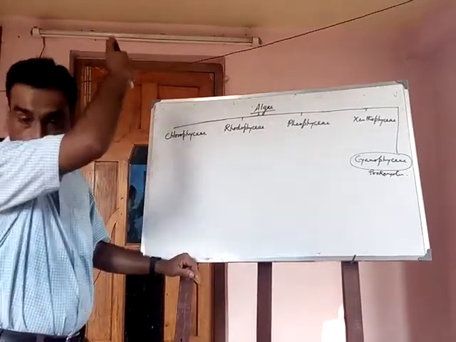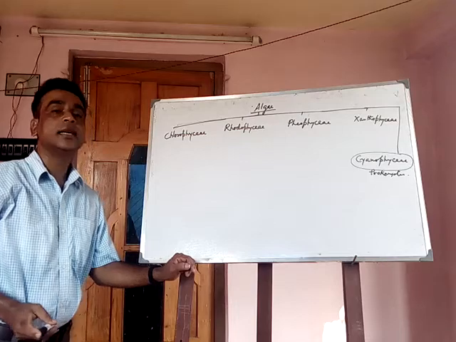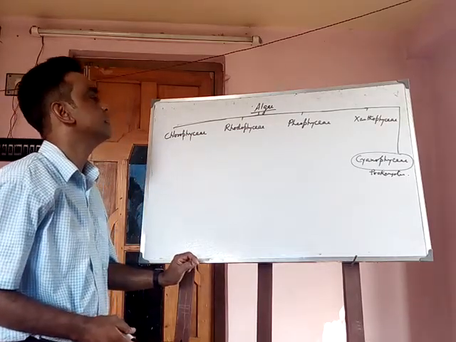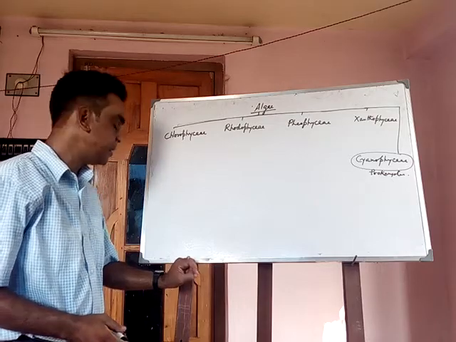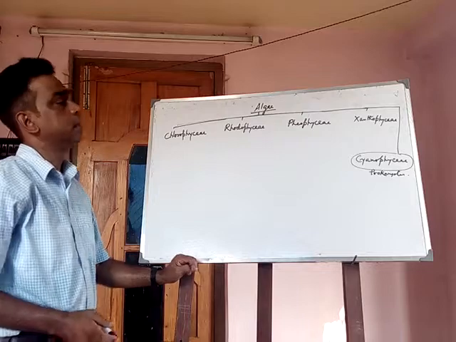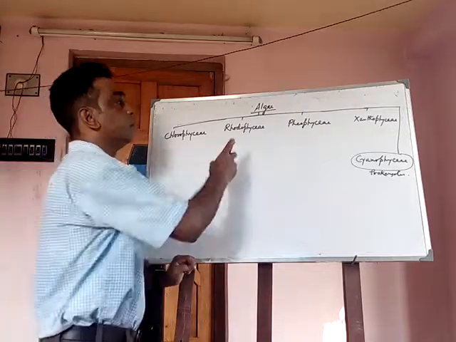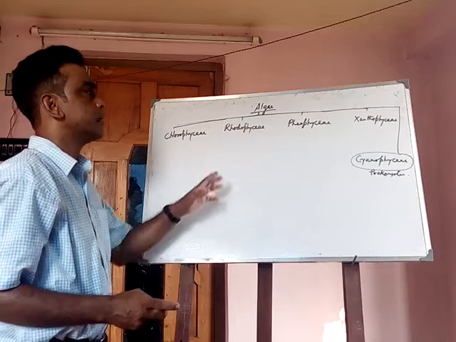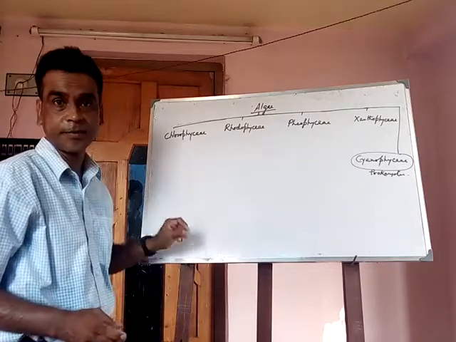Rhodophyceae is the red algae found mostly in the sea or ocean, that is Porphyra, Polysiphonia, etc. And the storage food is Floridean starch.